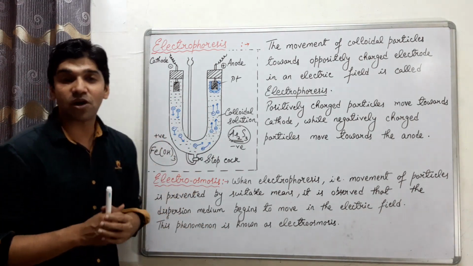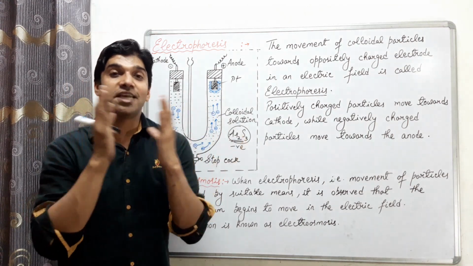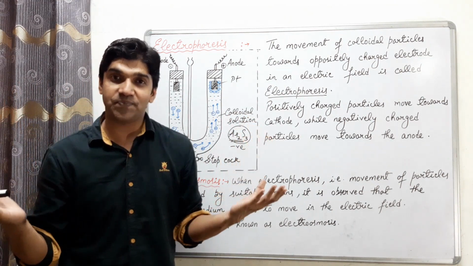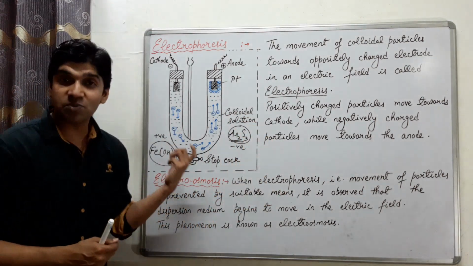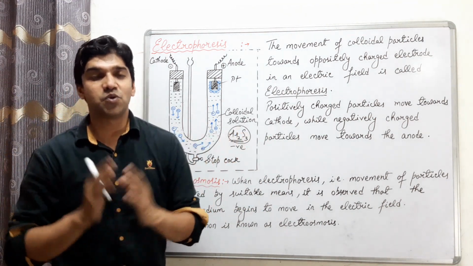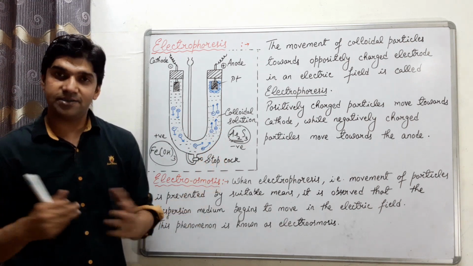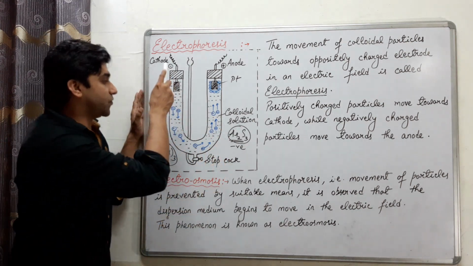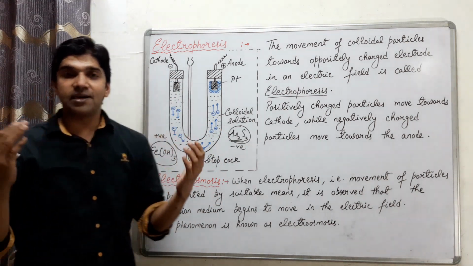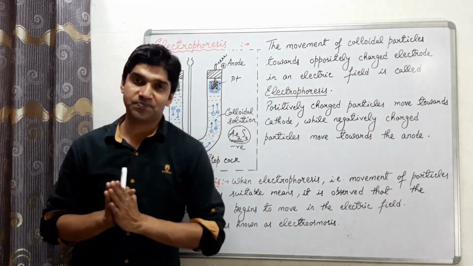So in case of electrophoresis, the colloidal particles move toward the oppositely charged electrode in the electric field. In case of electroosmosis, the dispersion medium moves toward the oppositely charged electrode in the electric field. So that's about electrophoresis and electroosmosis, which explain the electrical properties of colloidal solution.